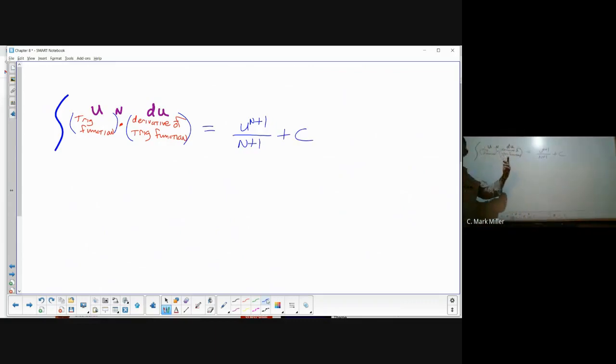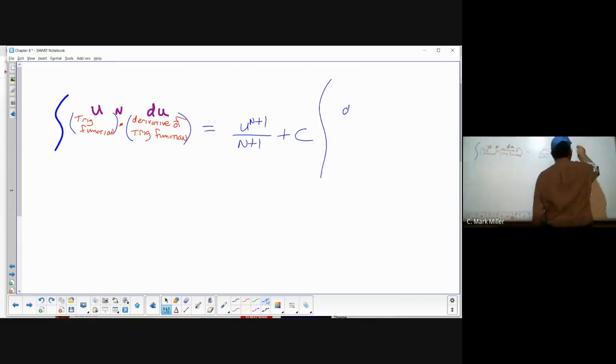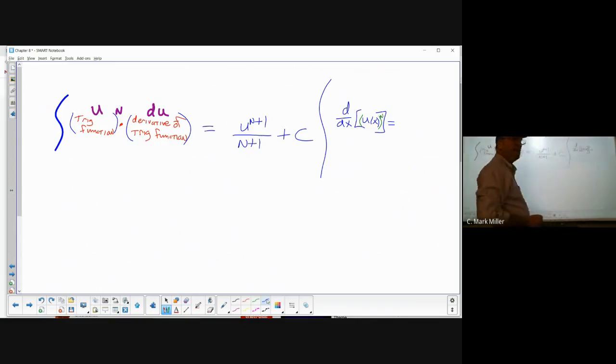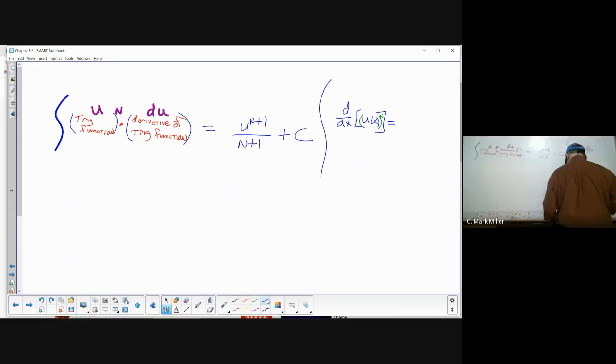Because if you do the chain rule, remember the chain rule. That equals, I should do that, sorry. To the nth power, that's going to be n times the n minus 1 power, then the derivative of this comes out.